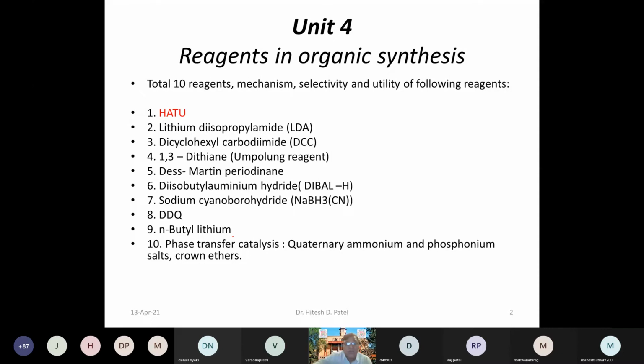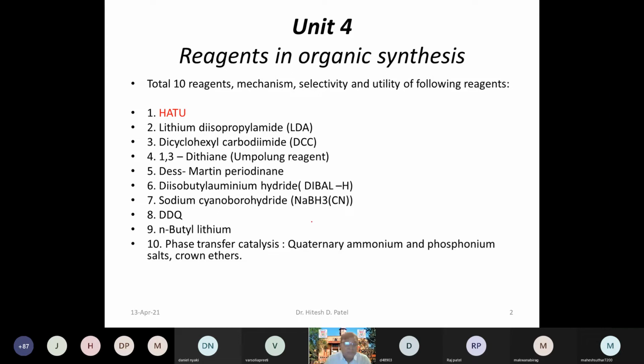So we have two phases, aqueous and organic. Now if you want to carry out a reaction of a particular type of reagent, then only on the surface of the two liquids, aqueous and organic, will the reaction take place.